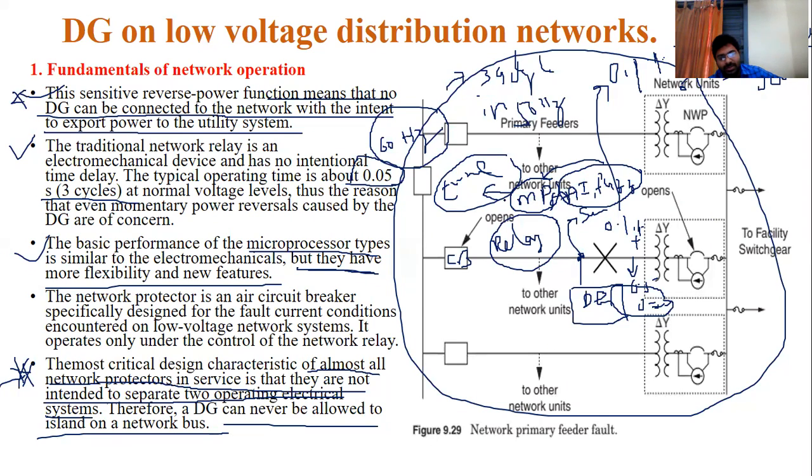Can never be allowed. Remember, this type of protective scheme was used here. So it is difficult to add the DZ to this network, but our intention is to add the DZ.